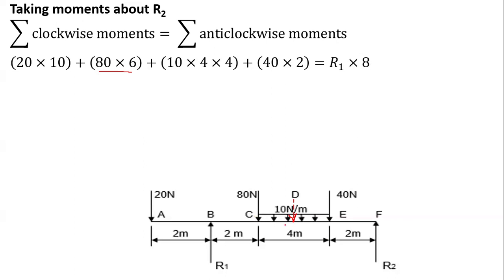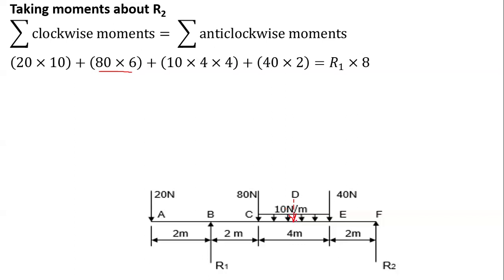It's half of the 4, which is 2 meters. Therefore, I'm going to multiply this 10 by the whole distance I have here, which is 10 times 4, to get a force. When I multiply 10 times 4, the meter will cancel out, I get a force.